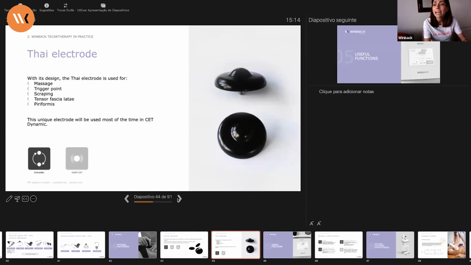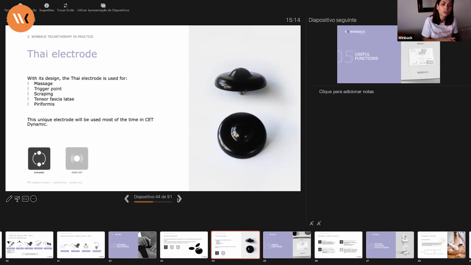Also, we have the tie electrode. The tie electrode is one set electrode that has a little pump in the middle, and it was designed for massage work, for stimulating the trigger points, for doing strapping techniques, to align the tensor of the fascia lata, to work on the piriformis.